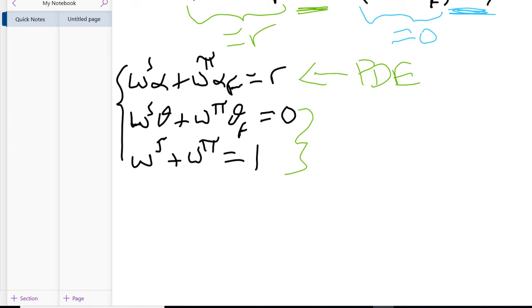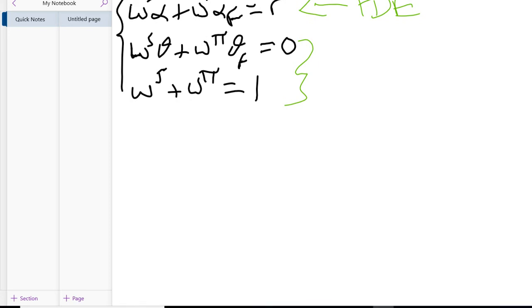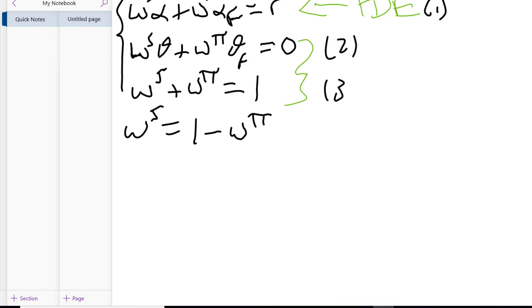Obviously, the last one is very easy to manipulate. We quickly find that the weight of the stock equals 1 minus the weight of the option. Filling this back into the second equation, we'll call these 1, 2, and 3.